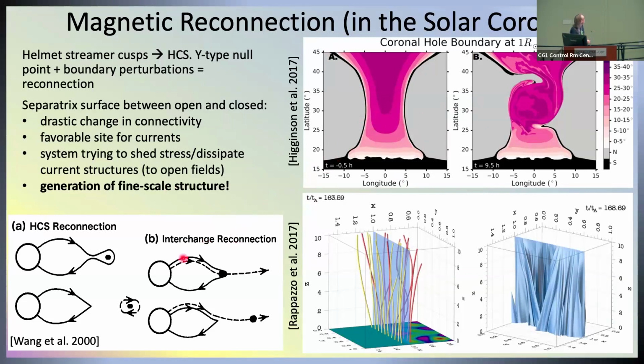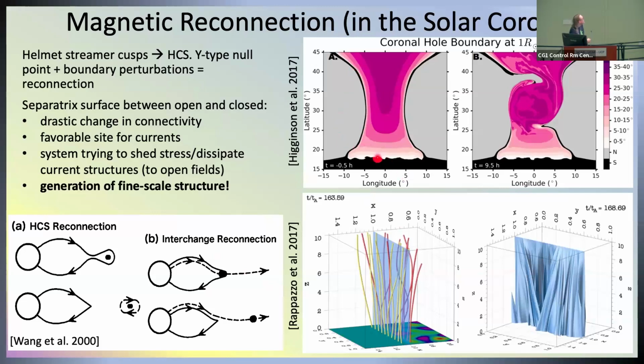An example of that is here. If you had some shuffling of the boundary around here, you would get interchange reconnection, and some material that was previously closed could then escape onto open field.